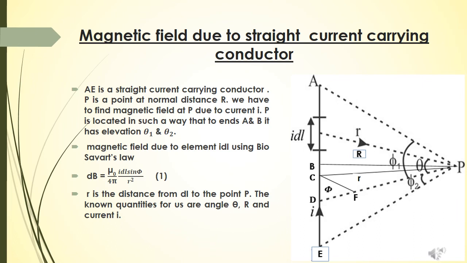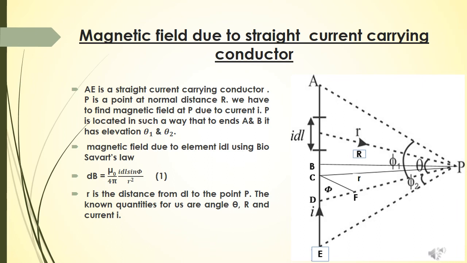At any one position, that is CD, we take dl. dl is so small that it has elevation from point P equal to theta. The value of theta for A is theta 1, for B is theta 2. Theta, which is a general value for any dl, keeps on changing from theta 1 to minus theta 2.